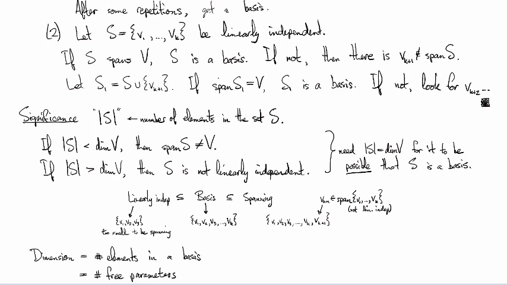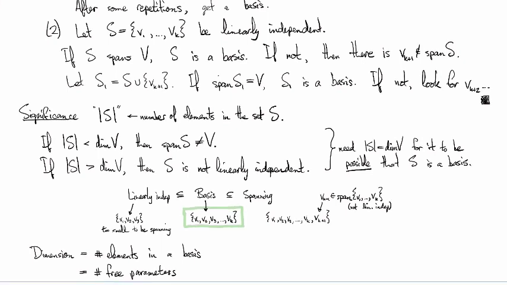Because if we look at this basis that we had just right here, and we say, okay, then I know that any given vector can be written as C1 V1 plus and so on up to Ck Vk. One way to look at this is to say, hey, there are k basis vectors.